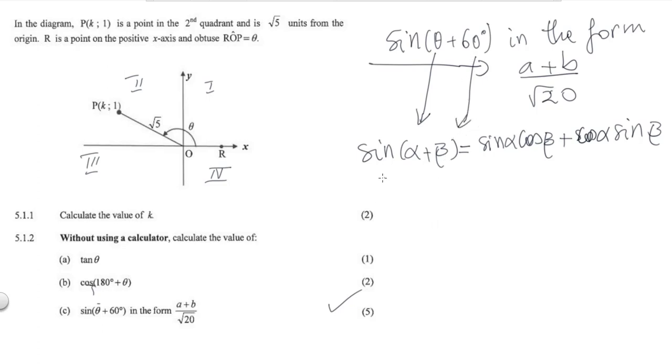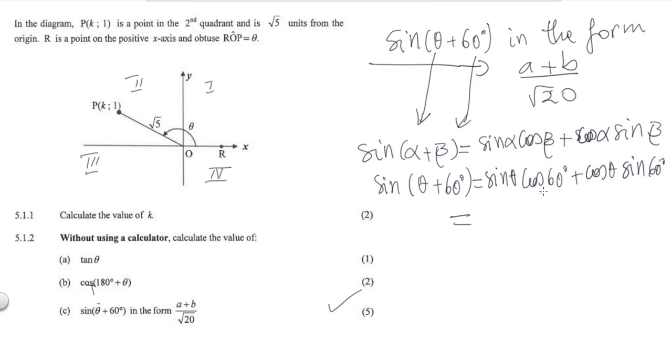So sine of theta plus 60 degrees will give you sine theta cos 60 degrees plus cos theta sine 60 degrees. Cos 60 degrees is 1 over 2.